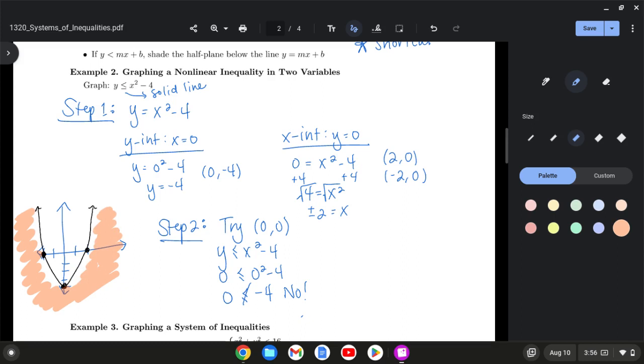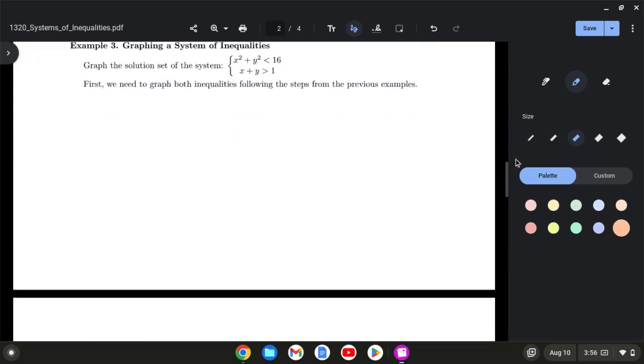All right, so now let's go ahead and put this together with solving a system of inequalities. So here we have the system x squared plus y squared less than 16 and x plus y greater than 1. So very first step, just like we did in the previous 2 examples, we're going to graph both of our inequalities.